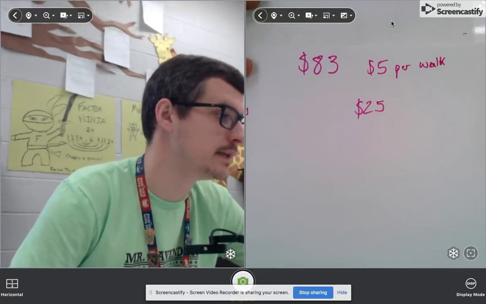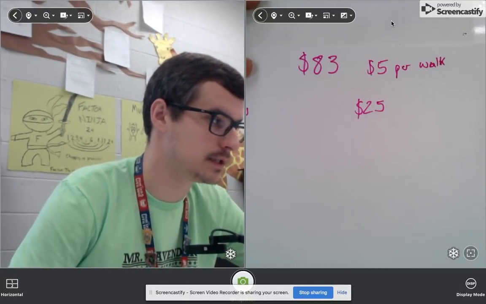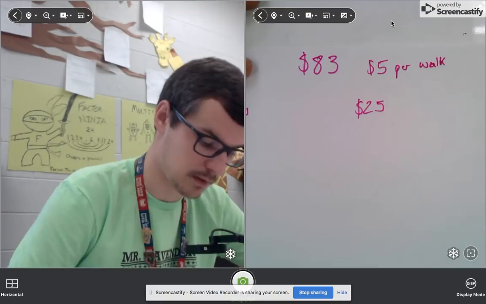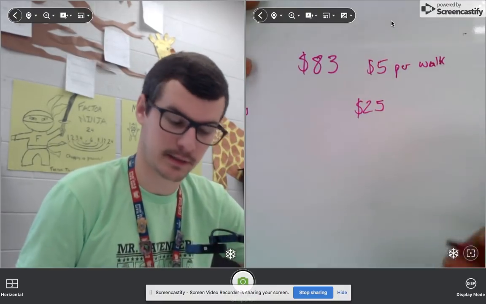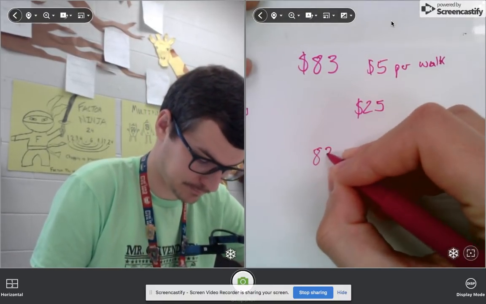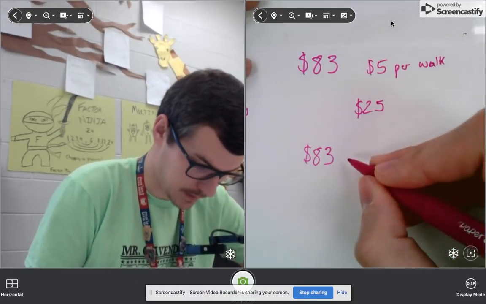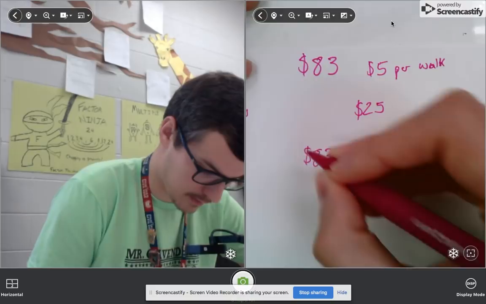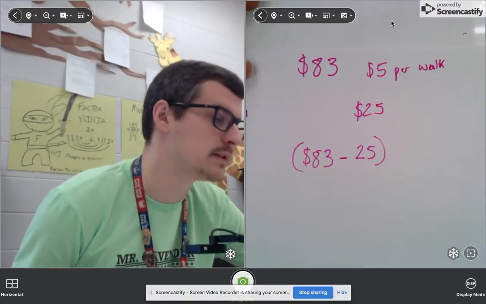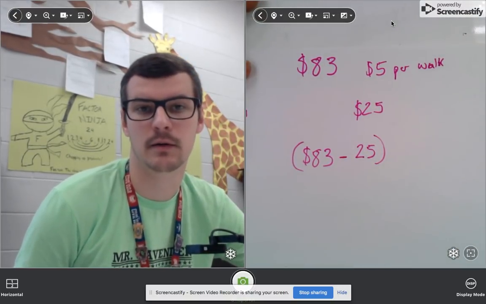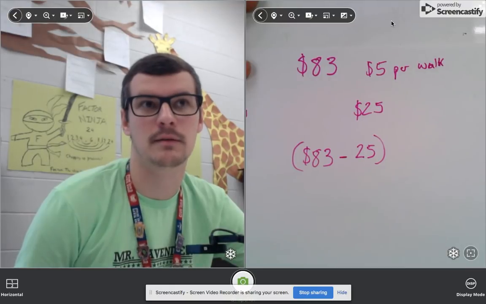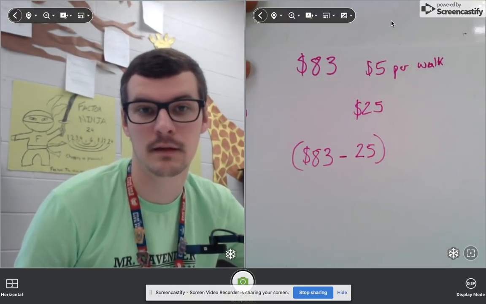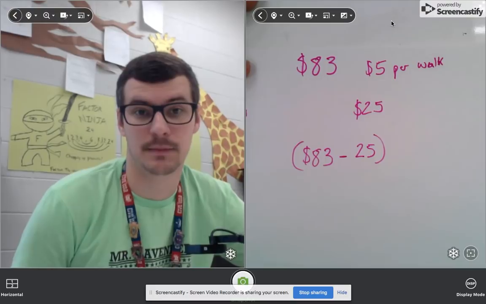We want to know how many more times she needs to walk. So what we could do here is take the $83, and we need to subtract from that the $25 that she's already gotten. And the reason why we need to do that is because we need to know the amount she still has left to pay to get this bike.